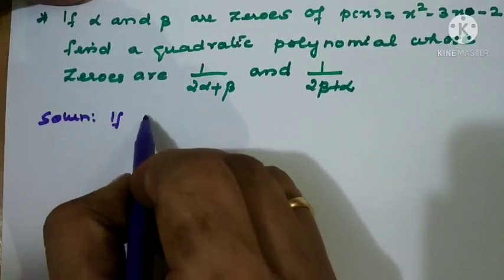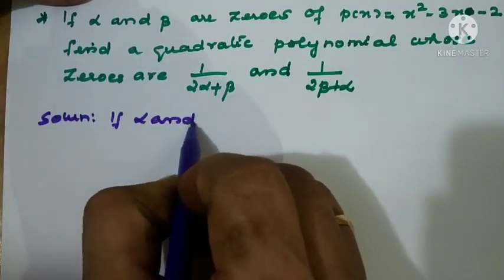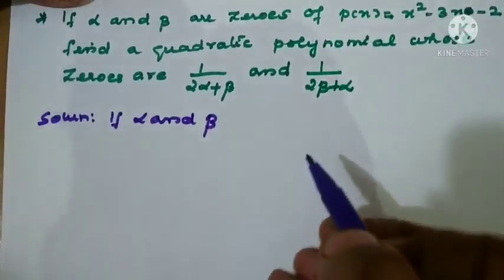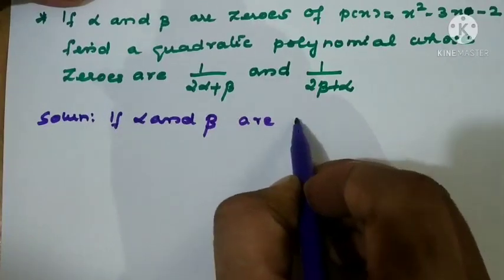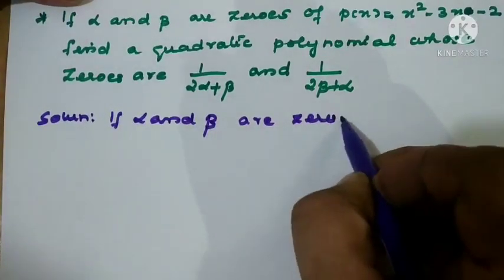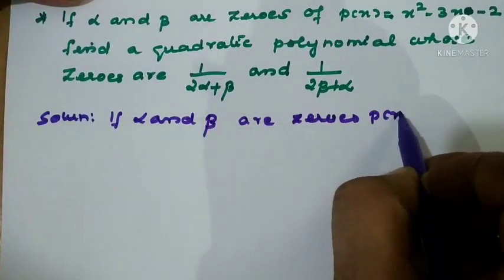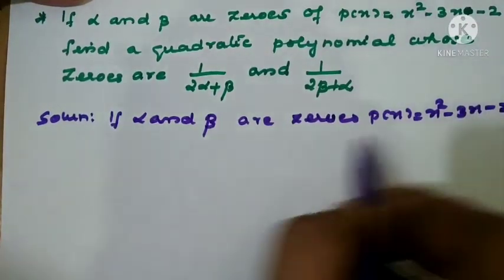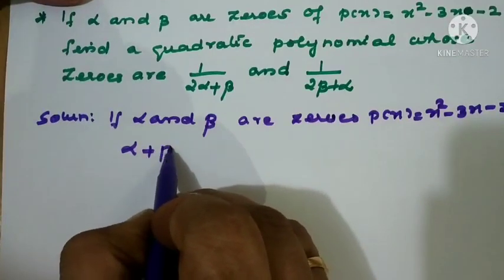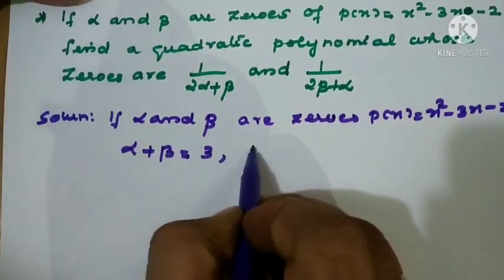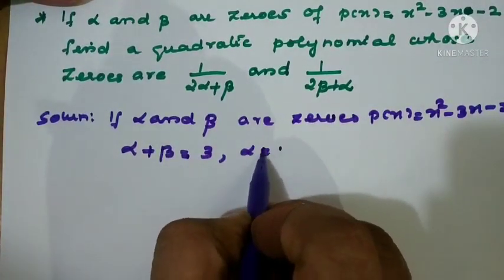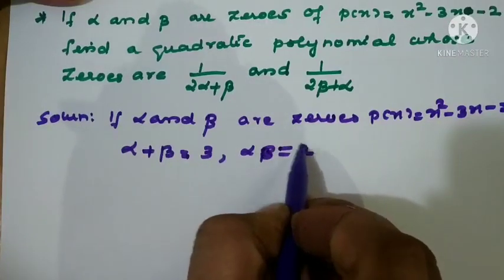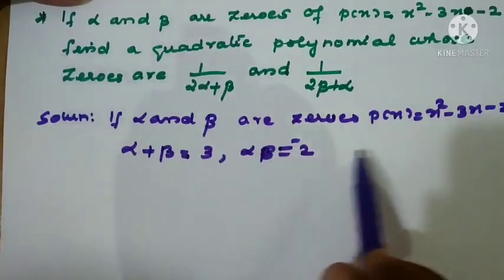If alpha and beta are the zeros, we can write alpha plus beta equal to 3 and alpha beta equal to minus 2, right?